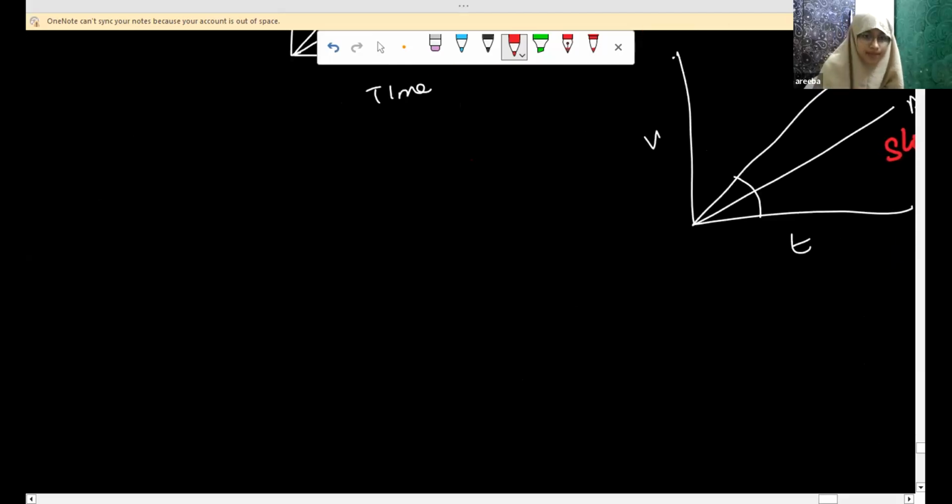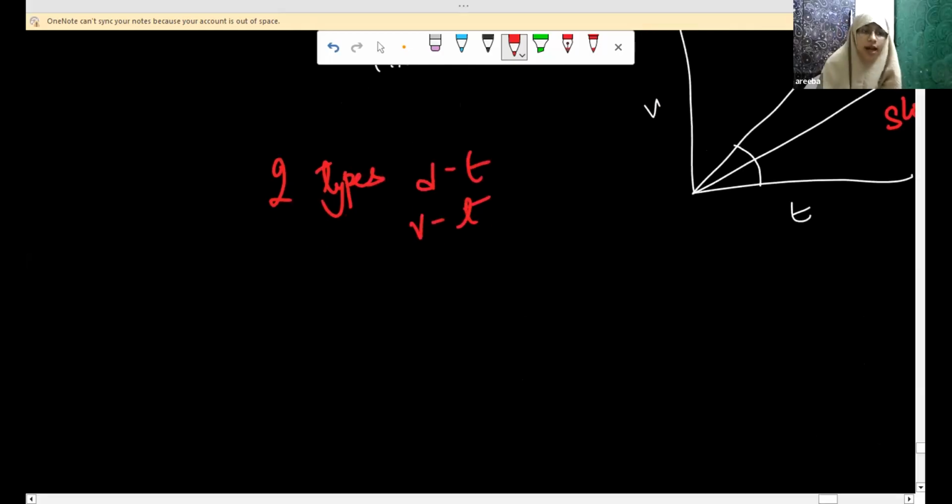Okay. So what did ma'am say? Two types of graphs mostly: one is the distance time graph and one is the velocity time graph. And two things for each graph: slope, area.